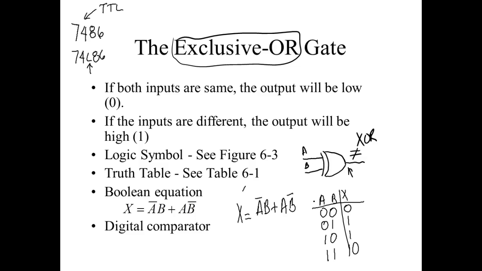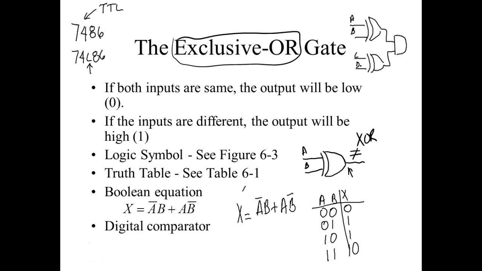Now we can make it compare more. So if I came over here and did this, and then I brought this into an AND gate, and then I call these A, B, C, D. If A and B are equal and C and D are equal, then the output here would go high.